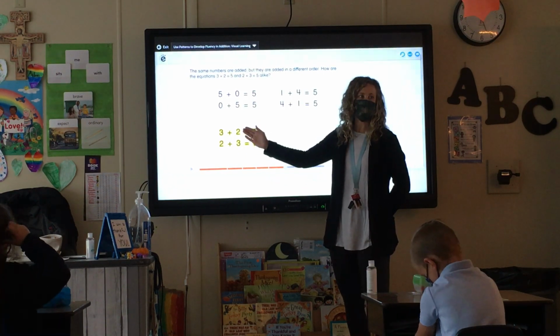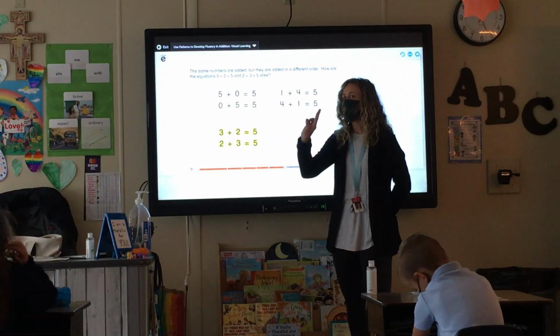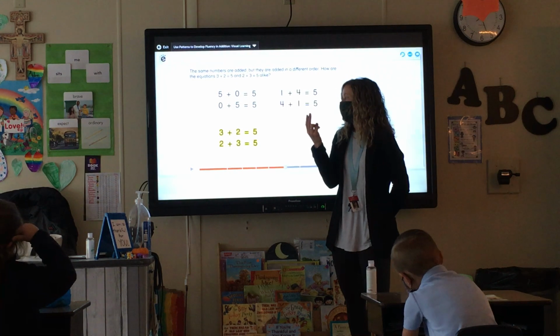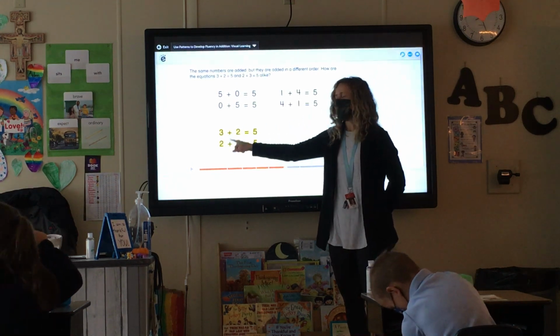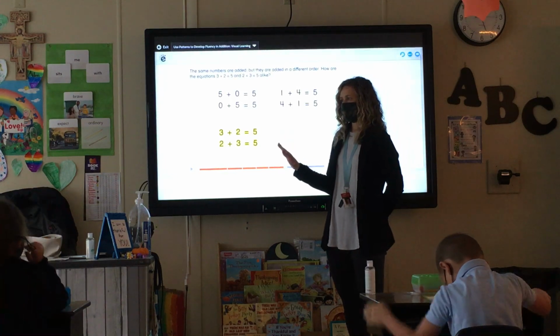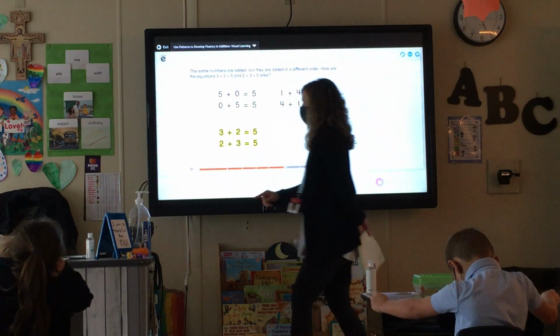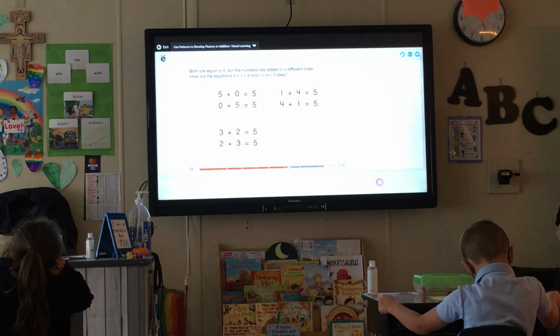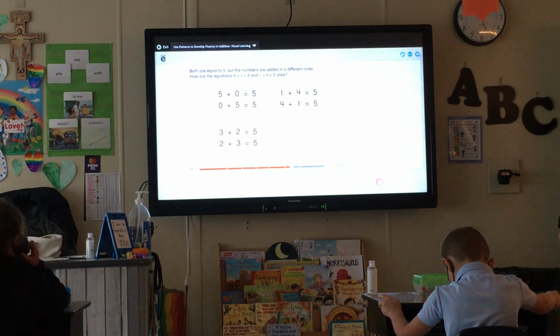We use the same numbers for both equations, right? But all we did was flip them and switch the order, right? Okay, so this one, the 3 went first, then the next one, the 2 went first. Same numbers, same sum, right? Okay. Both are equal to 5, but the numbers are added in a different order.